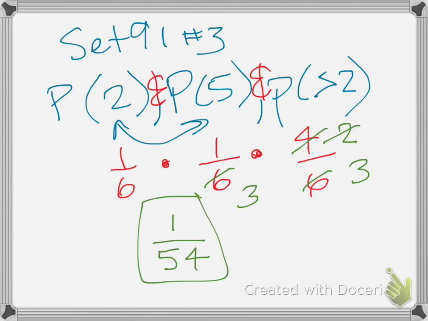Okay, your next question was set 92, number 25. Set number 92, number 25 is a Z-table problem. Principal Larson decided to give the awards to 5% of the class who had the fewest absences.